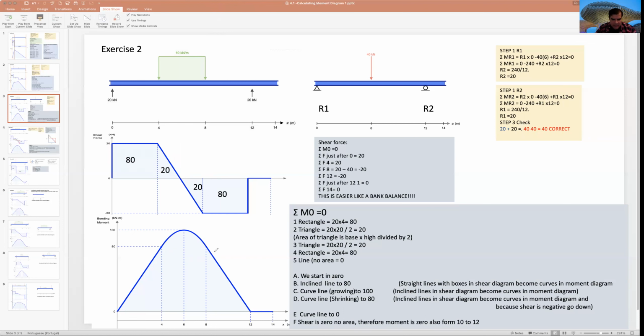For the next test, I will not pretend that you know how to do this kind of curves. I will not pretend that you know how to calculate the areas of weird triangles.